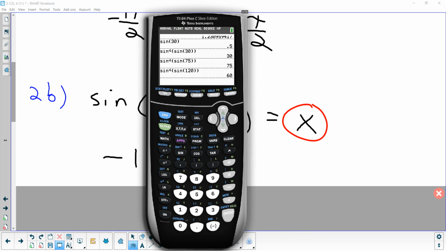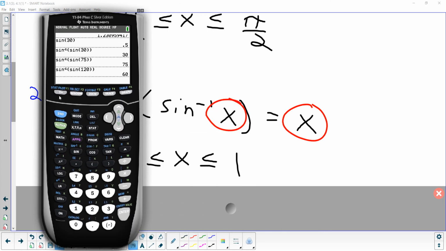So let's try that. Let's try the sine of the inverse sine of 0.73. So I picked a number that is within -1 to 1. So what's going to happen, Ben, when I hit enter? What am I going to get?